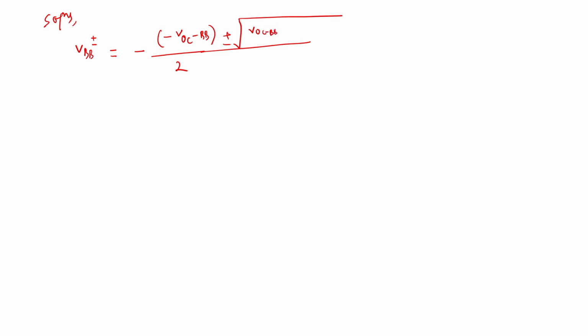Solutions will be something like VBB plus minus is equal to minus B, which means VOC BB, divided by 2, plus minus root over VOC BB squared minus 4 times A, which is 1, and C, which is minus RI times beta minus alpha.